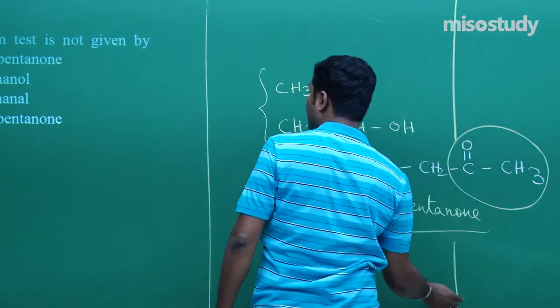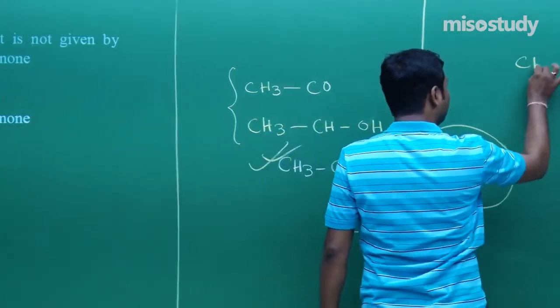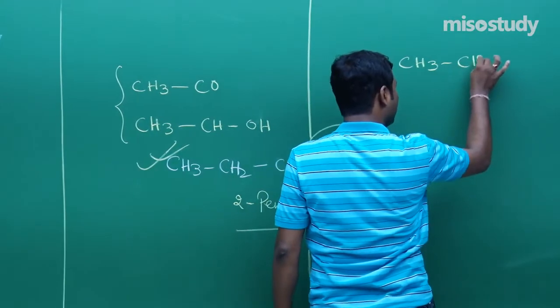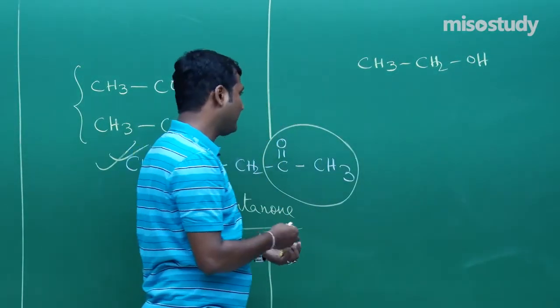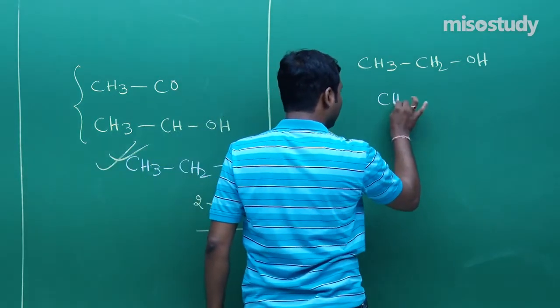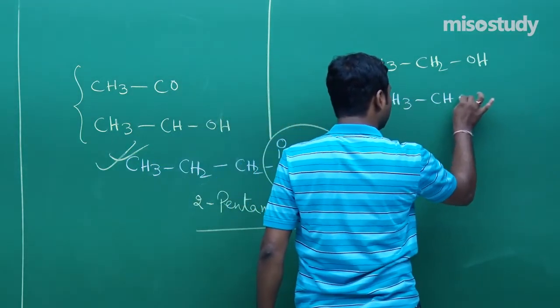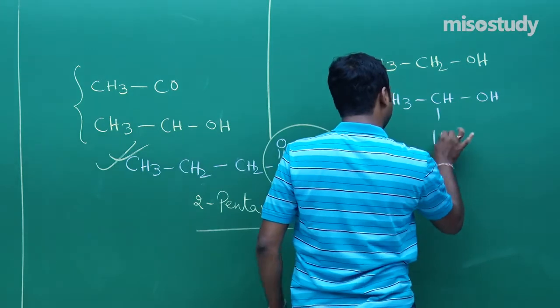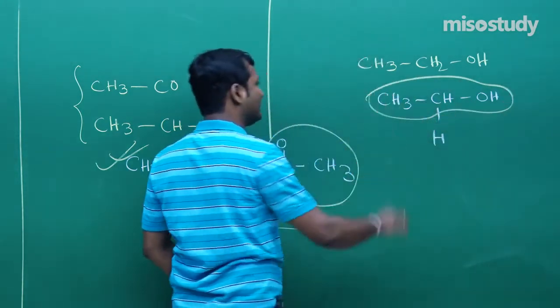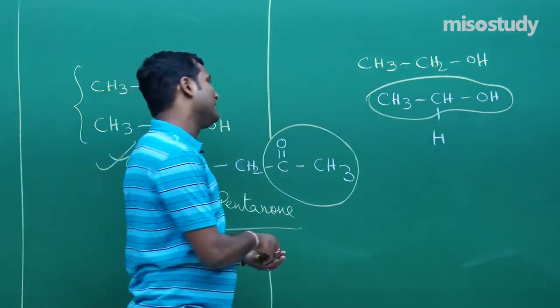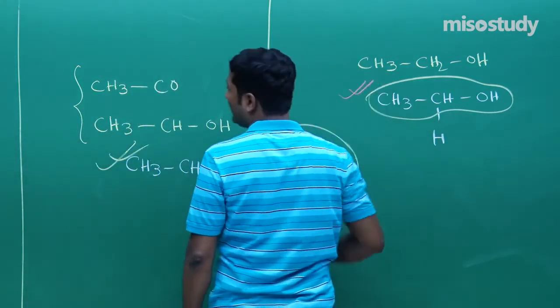What is the next option? The next option is ethanol, CH3CH2OH. Clear to you? Now if I write like this, CH3CHOH, it contains this linkage. So if there is a CH3CHOH linkage, then again it gives a positive iodoform test.